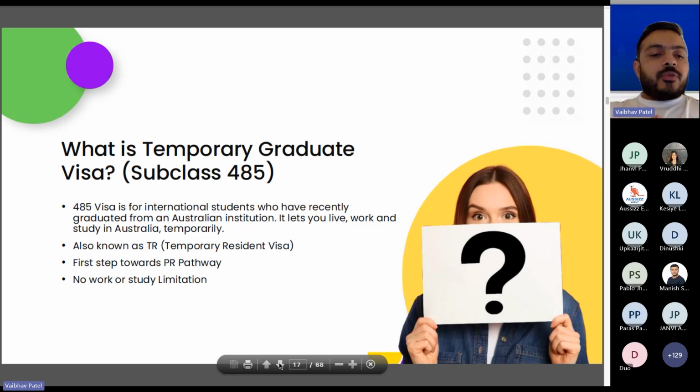So the temporary graduate visa is, as I said, for international students who have completed study in Australia for 2 years, and that allows you to work and live, with unlimited, unrestricted work hours on your subclass 485 visa. You can get the visa from 18 months to up to 4 years.